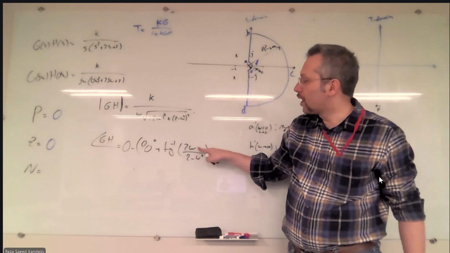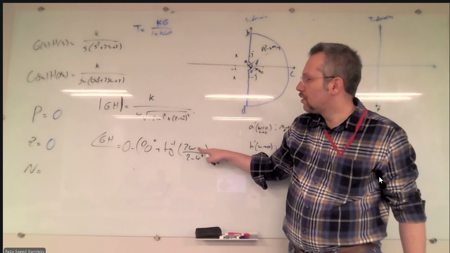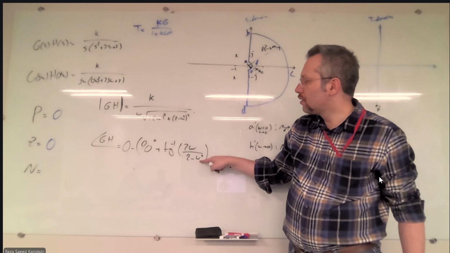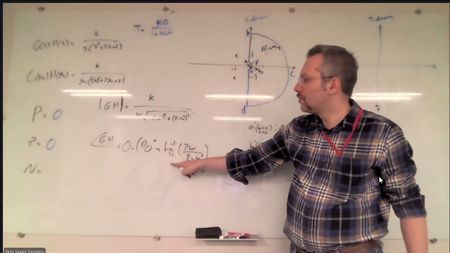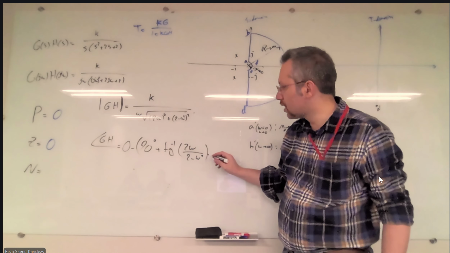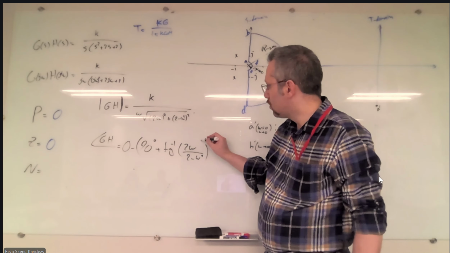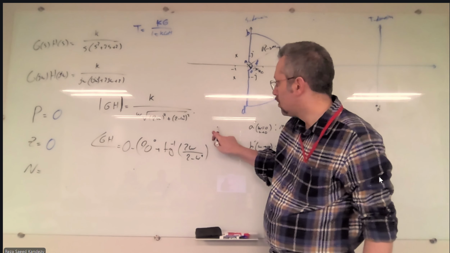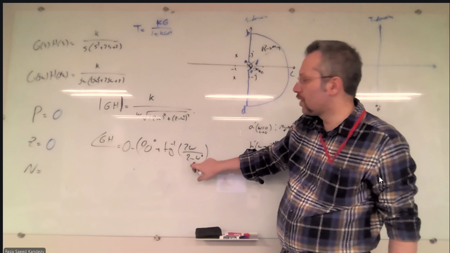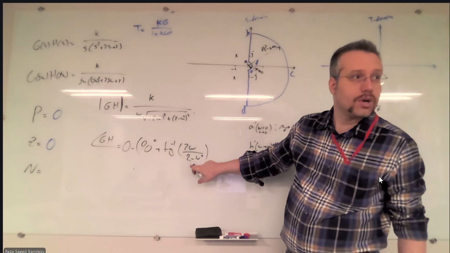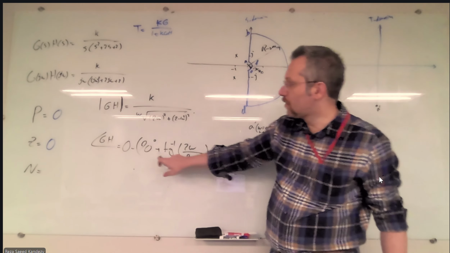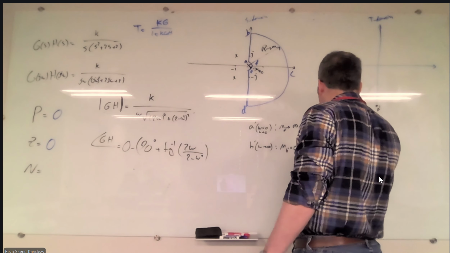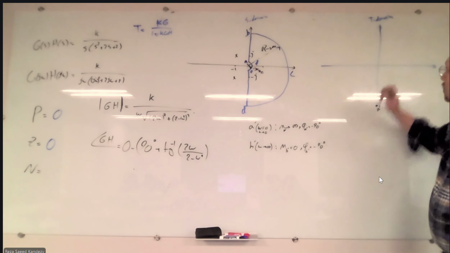No, it's 2 over omega. Omega goes to infinity. It's going to be minus 2 over omega, which is 0. So this one becomes 0. Are we good? So this one also becomes minus 90. Yeah, so it's going to be on 0.